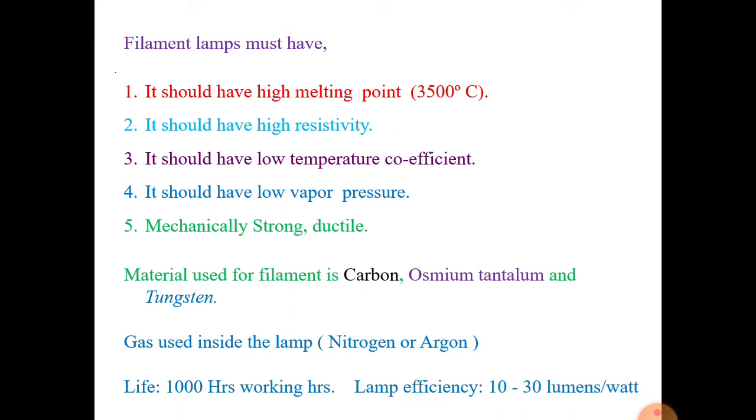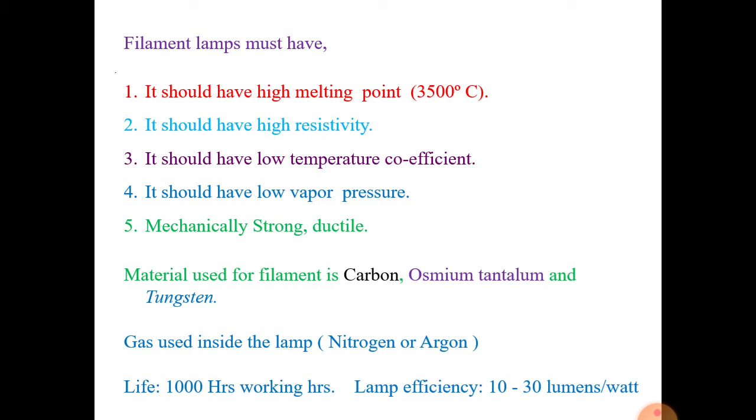The filament which is used in the lamp must have some properties. First, it should have a high melting point, means it should not melt at low temperature. It should withstand high temperature. As temperature is more, the heat will be more and we will get more light.